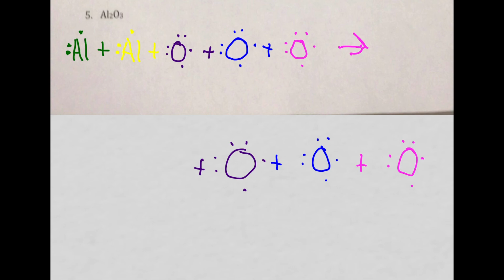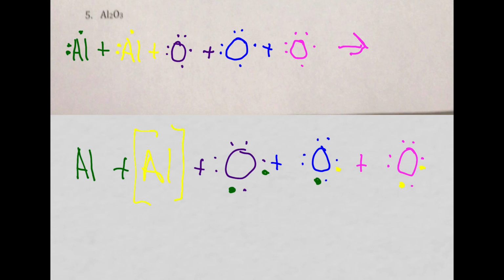And then aluminum is going to give away its electrons. So we'll give one here, one here, one here. And then the other aluminum will do the same. One here, one here, one here.